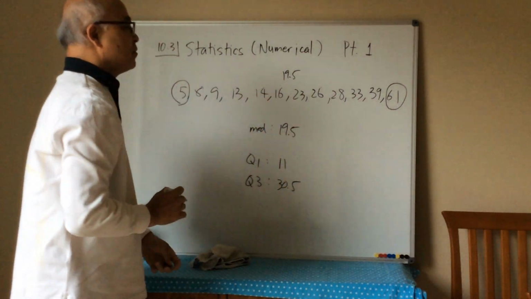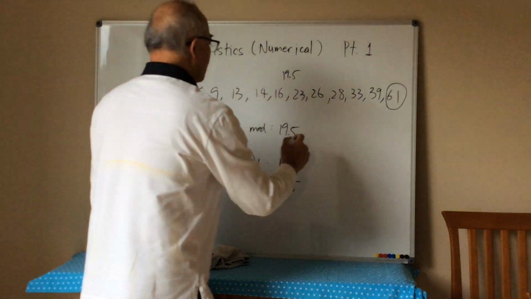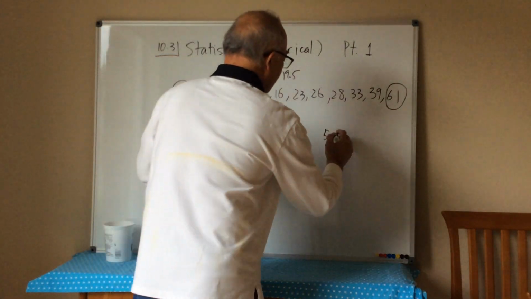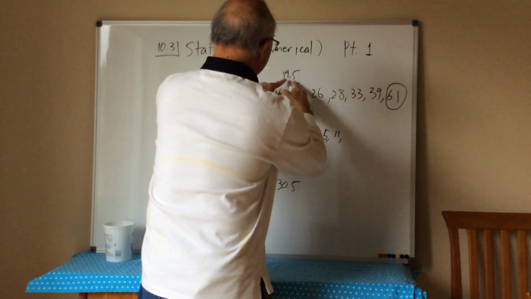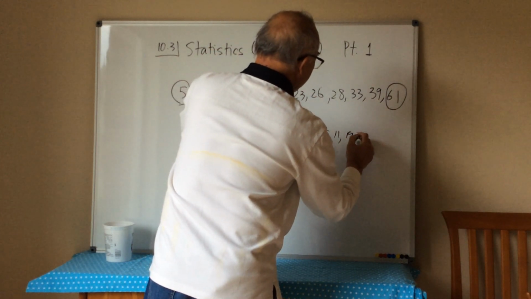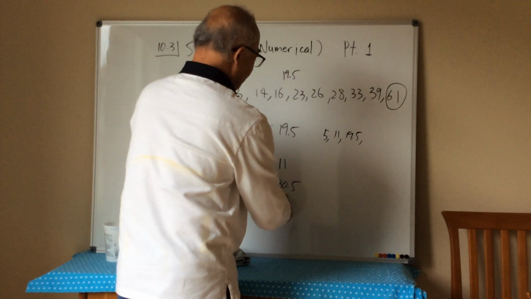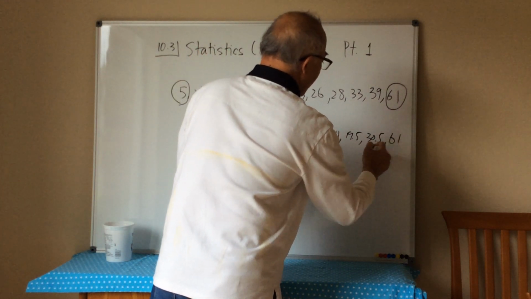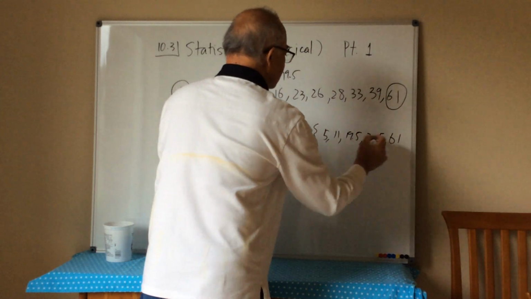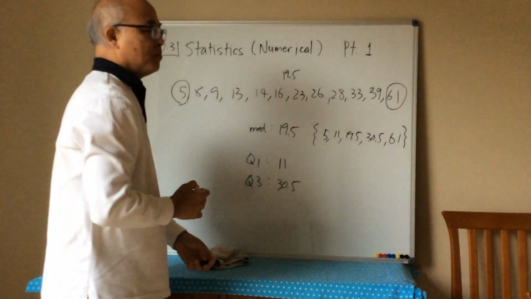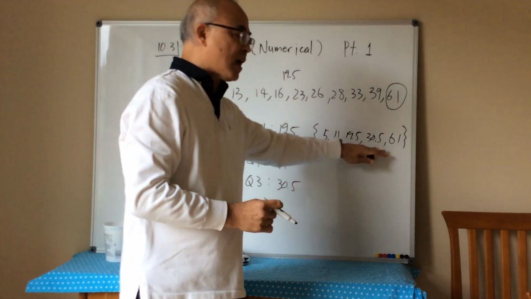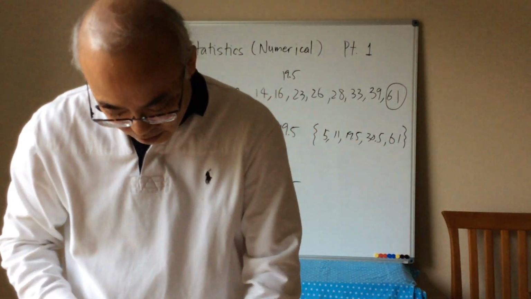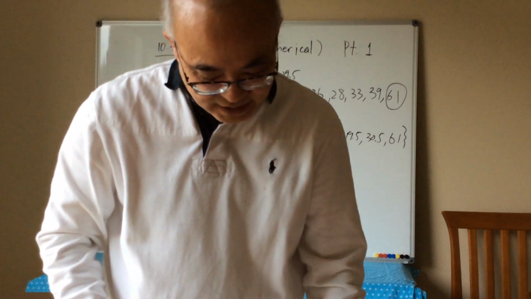So this is your 5-number summary here. Your 5-number summary would be 5, the minimum, Q1, 11, then you have 19.5, and then you have the Q3, which is this guy, and then you have your maximum. From the 5-number summary, you can draw what is called a box and whisker plot.